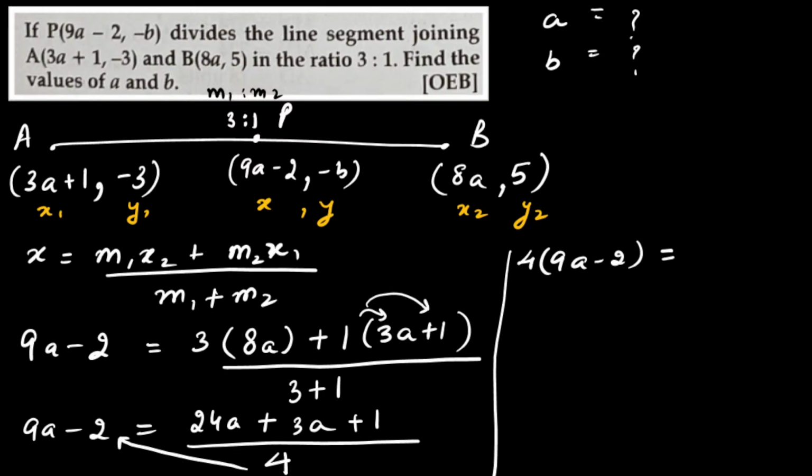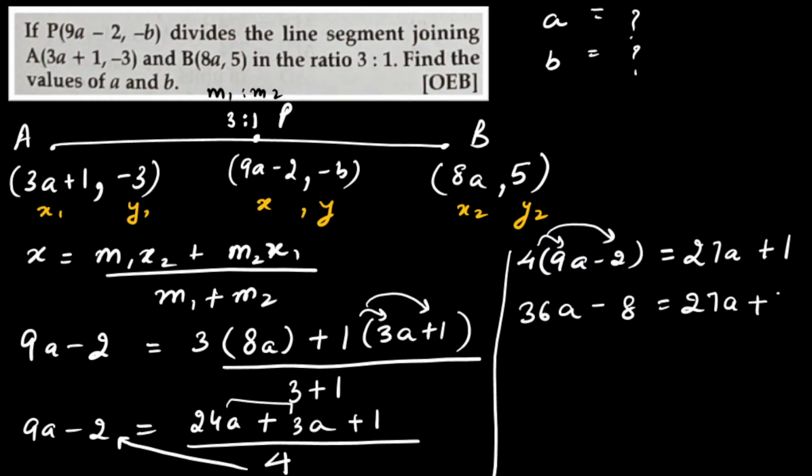Here 24 and 3a are like terms, so 24 plus 3 is 27, 27a plus 1. 4 into 9 is 36, 36a minus 4 into 2 is 8, equal to 27a plus 1.